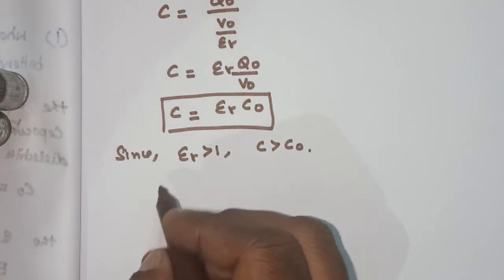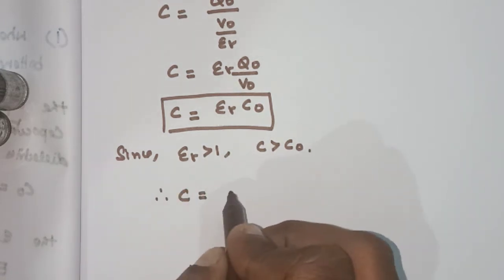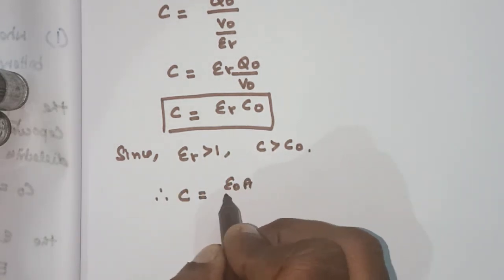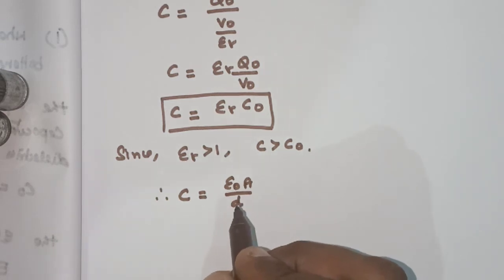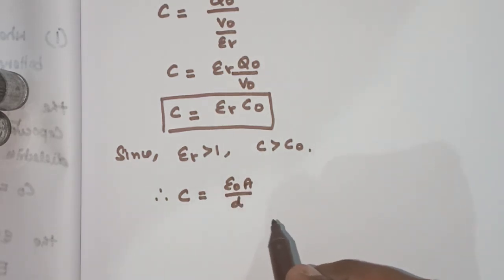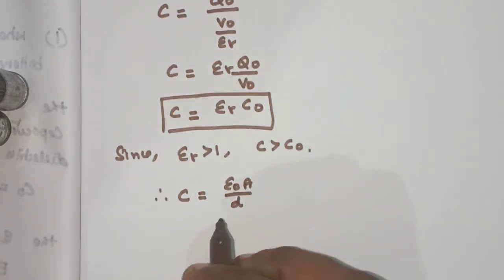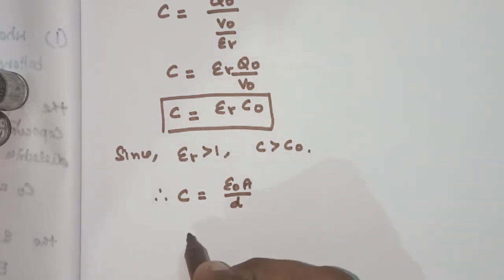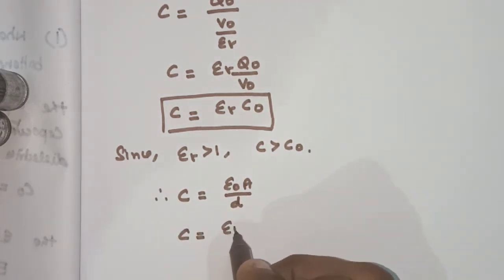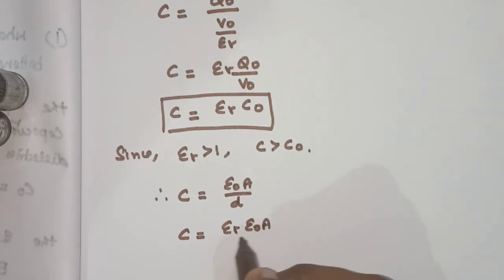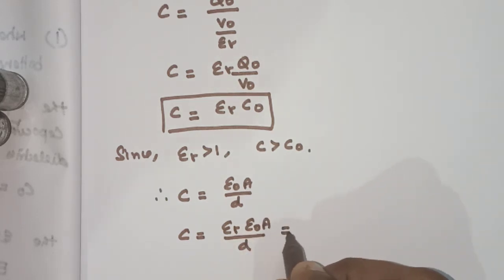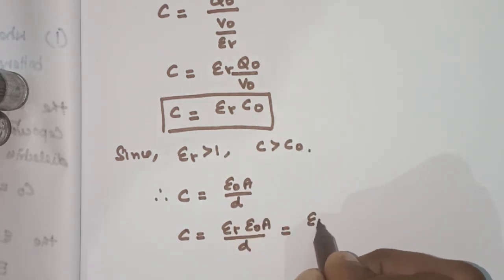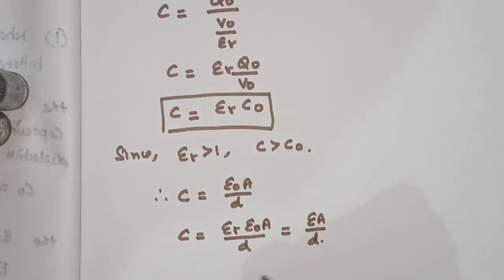So the capacitance C equal to epsilon naught A divided by D, from the capacitance of the capacitor. So I can write C equal to epsilon naught A divided by D, that is equal to epsilon A by D, since epsilon equal to epsilon r epsilon naught.